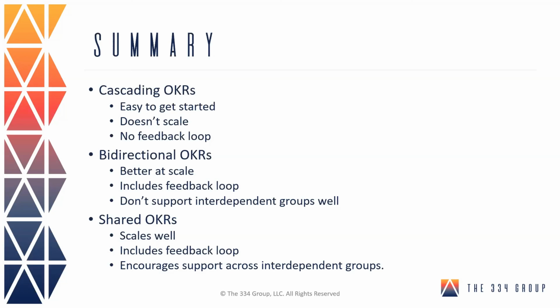Again, it's okay to start with a cascading model, but we need to move beyond that really quickly into something like this at a minimum. This still has issues when it comes to alignment across groups and ensuring interdependencies are considered because there's no real incentive for you to work with other groups in that model.